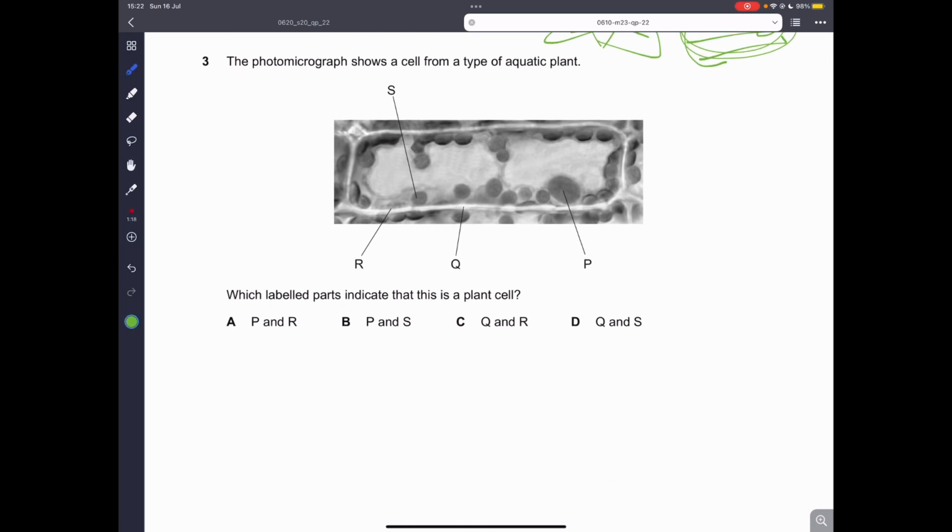Question number 3. The photo micrograph shows a cell from a type of aquatic plant. Which labeled parts indicate that this is a plant cell? Remember, a plant cell contains chloroplasts and a cell wall. So you can see this S is pointing towards a chloroplast.